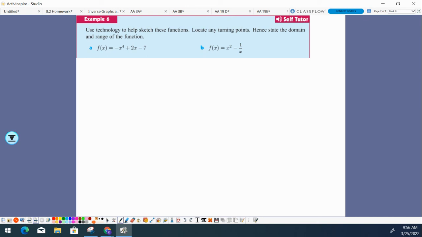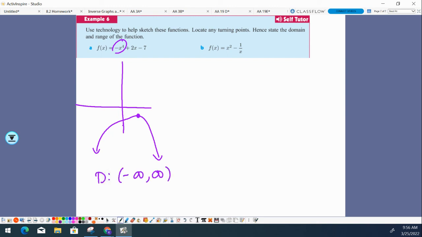If you look at the graph, this particular graph kind of goes like that. So we need to figure out what that top point is, because it doesn't affect my domain, right? If I see negative x to the fourth, I know both these sides are going all the way down. So my domain is just negative infinity to infinity.